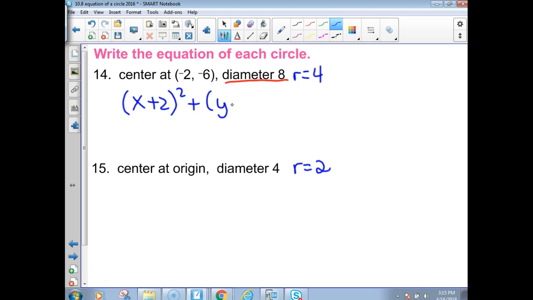What's the formula say? In the formula, it says x minus h quantity squared plus y minus k quantity squared equals r squared. Now, what are we plugging in? You can go ahead and write minus, and then you're going to put in this, though, right? That's totally fine.